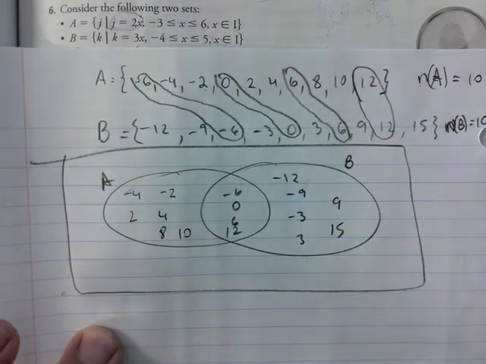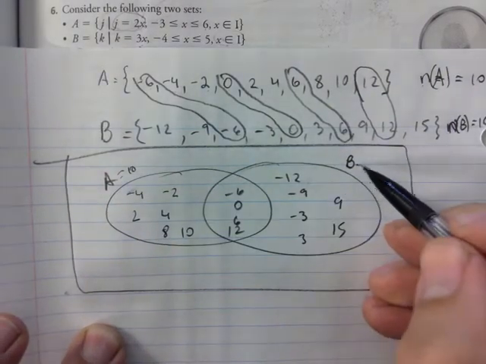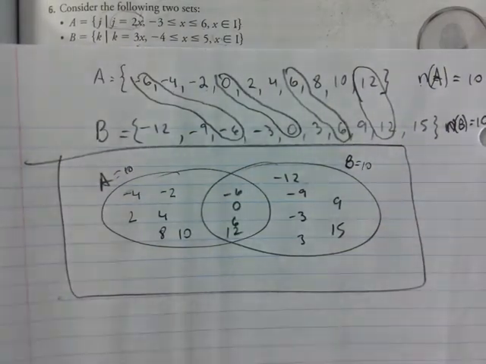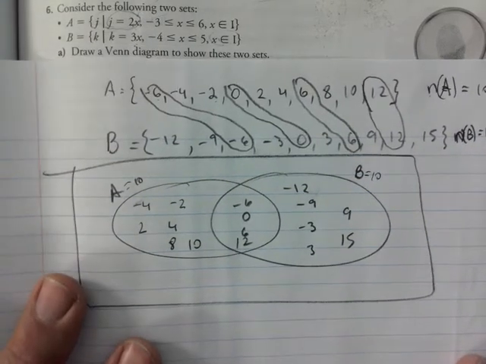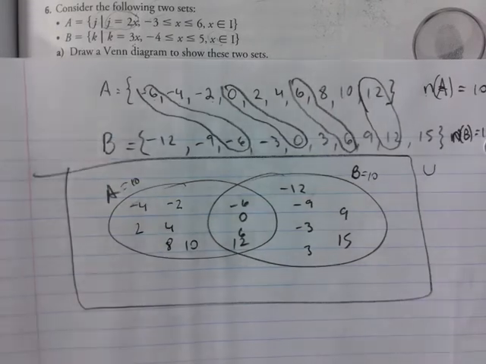But this is the confusing part, right? If this is 10 and this is 10, it's like, oh, what's the universal set? Have I done my Venn diagram?